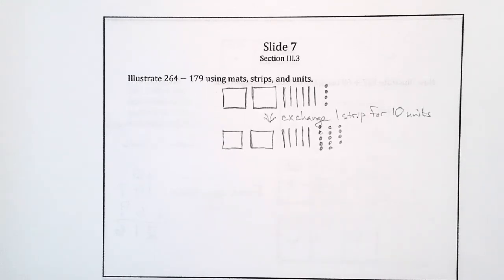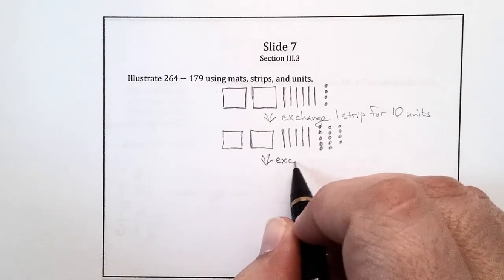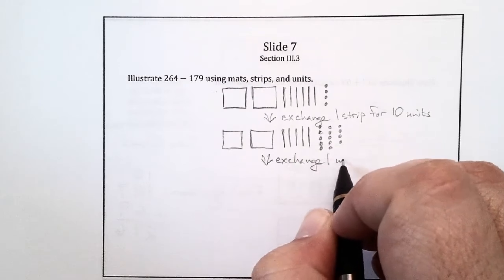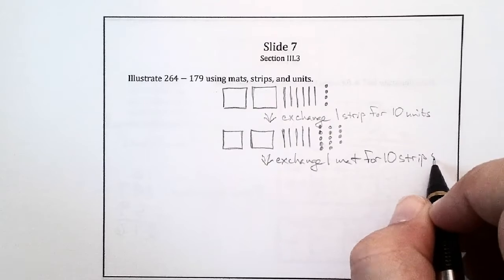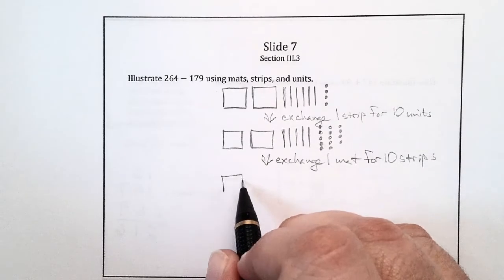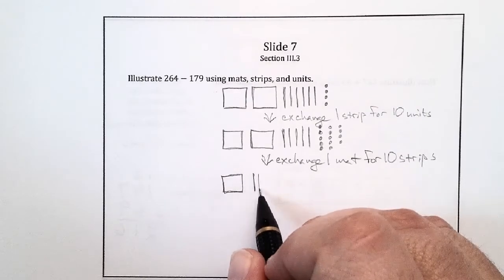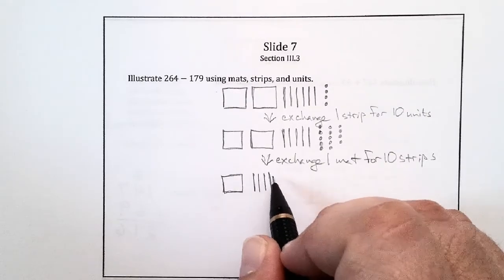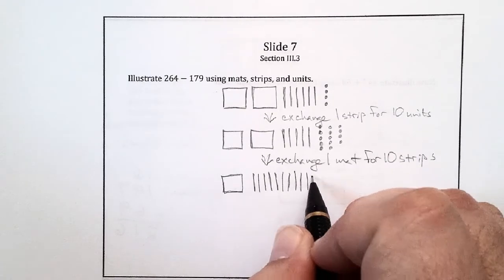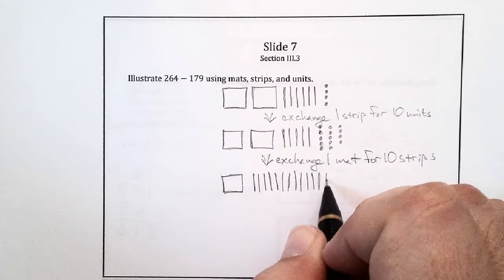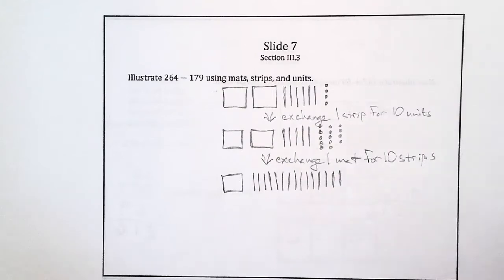So I'm going to exchange 1 mat for 10 strips. So we have 1 mat, 15 strips, and our 14 units.